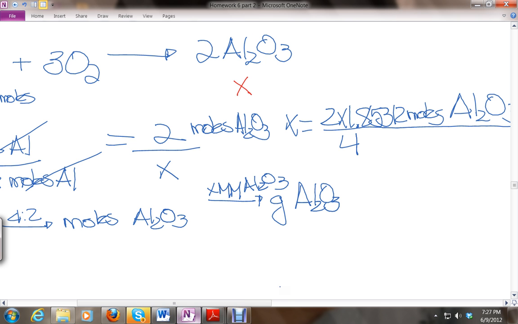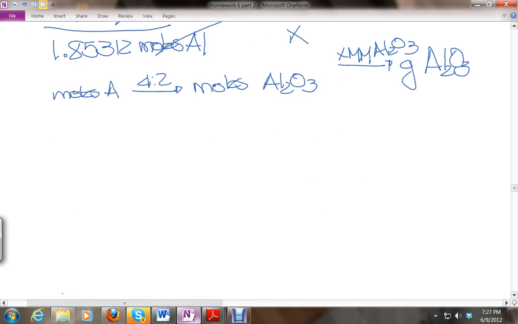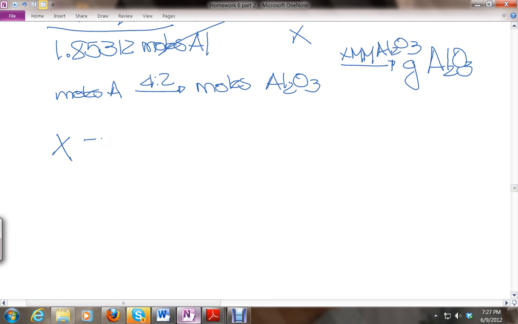So the moles of aluminum oxide, let me write it down here, that x is going to be equal, if you do it, where is it?